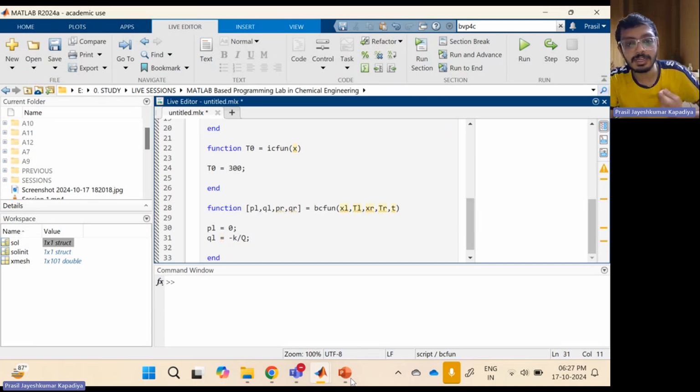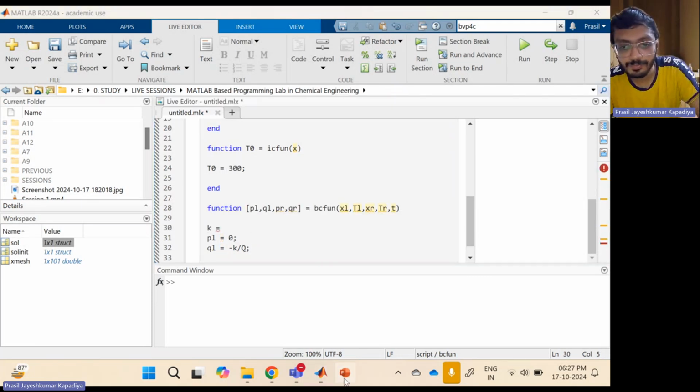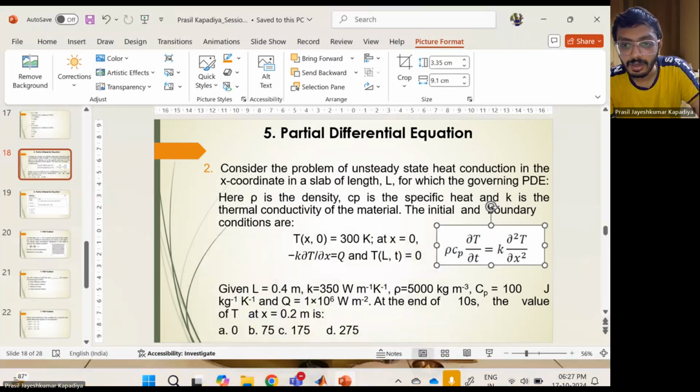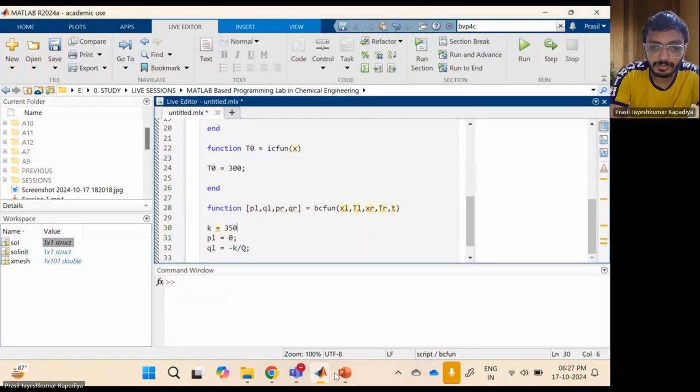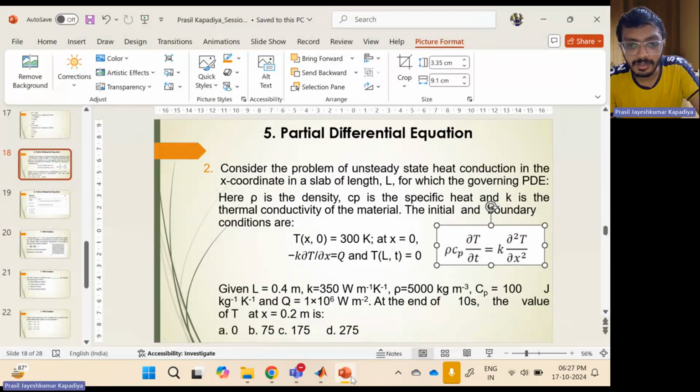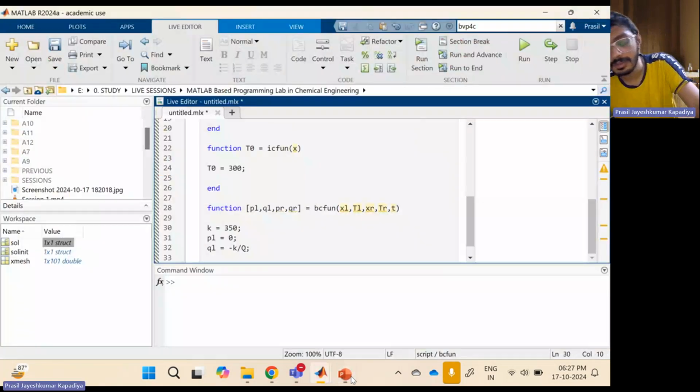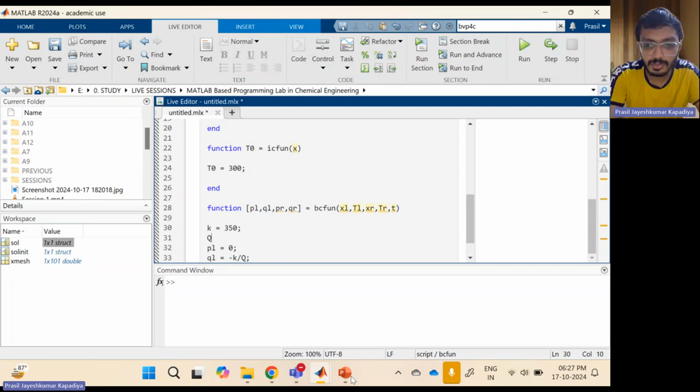So one task is I need to define the value of k and q. My value of k is equal to 350 and my q is equal to 1e6. So 1 into 10 raised to 6, right?